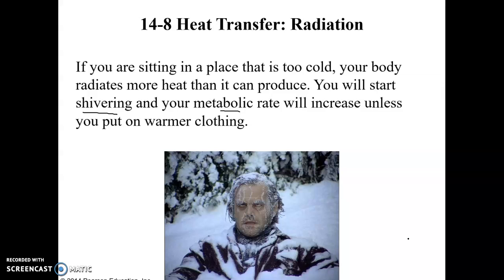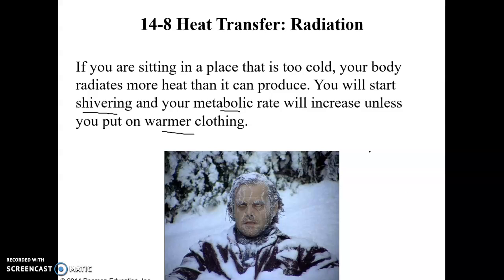Now that'll only warm you up so much. The best thing to do is wear warmer clothing, which insulates that heat and keeps it from leaving your body. The clothes or blankets themselves don't generate the heat, they just insulate the heat.